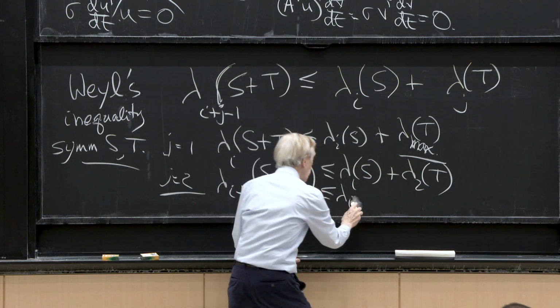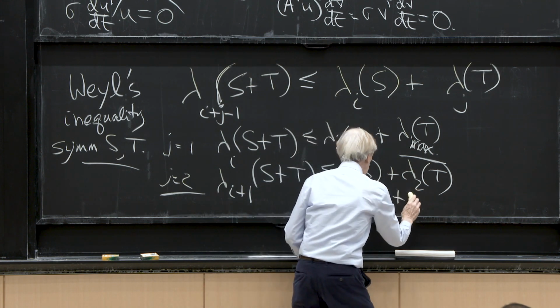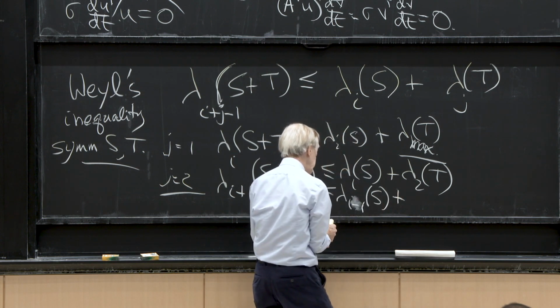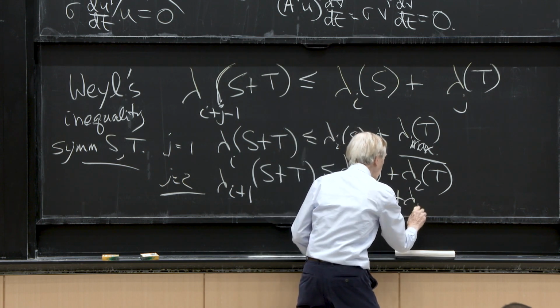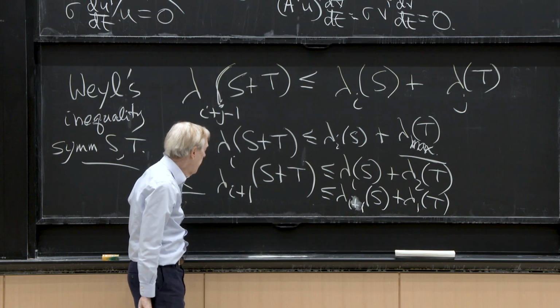So let me write it and see if it's correct. So those add up to i plus 2. Yeah, I guess lambda i plus 1 plus lambda 1 of T.